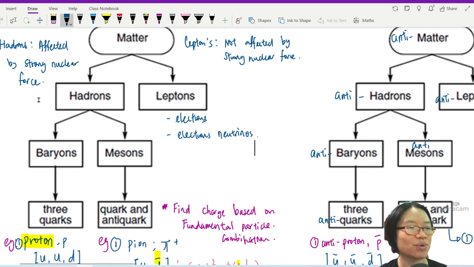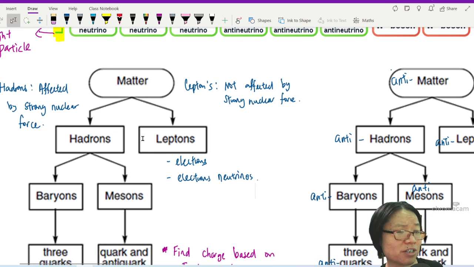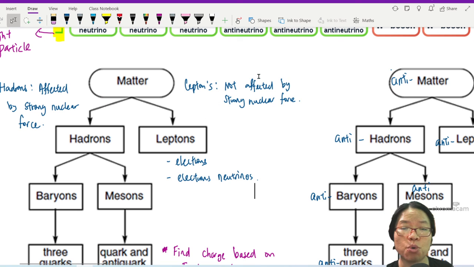Okay. So the way to differentiate hadron and lepton, the actual classification criteria, is that hadron is affected by the strong nuclear force, whereas lepton is not affected by the strong nuclear force.